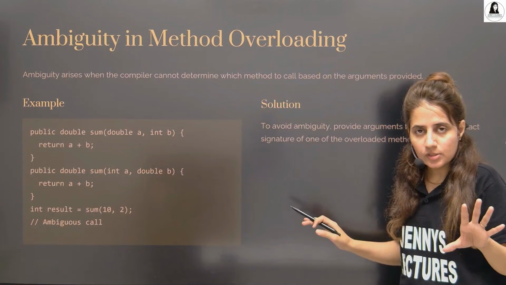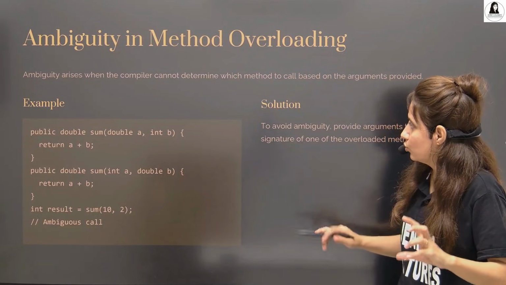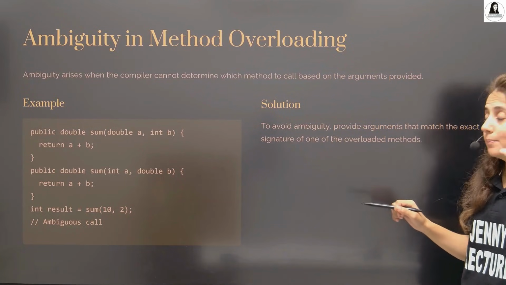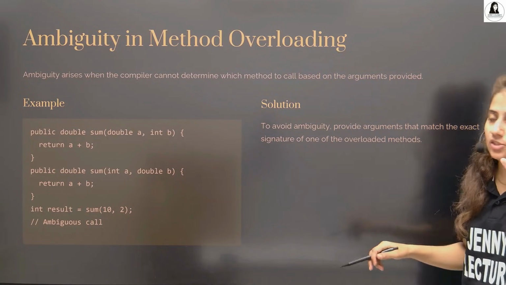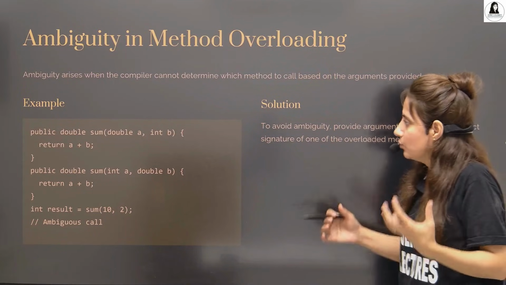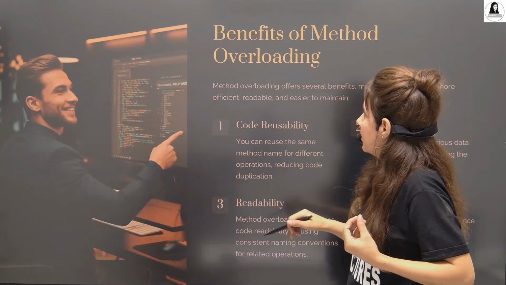Ambiguity also we have discussed, how you can get it and what can be the reason, with example. To avoid this ambiguity, you have to provide the argument that matches the exact signature of one of the overloaded methods. Like this example we have taken.